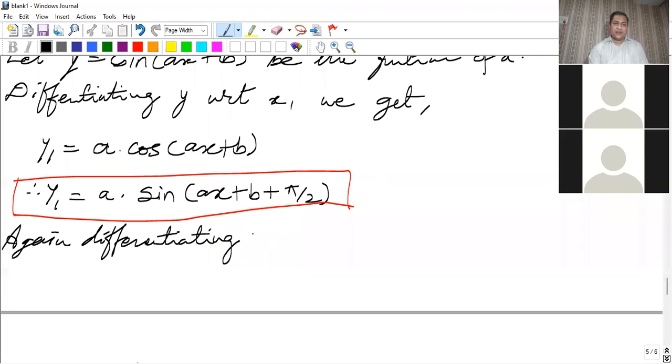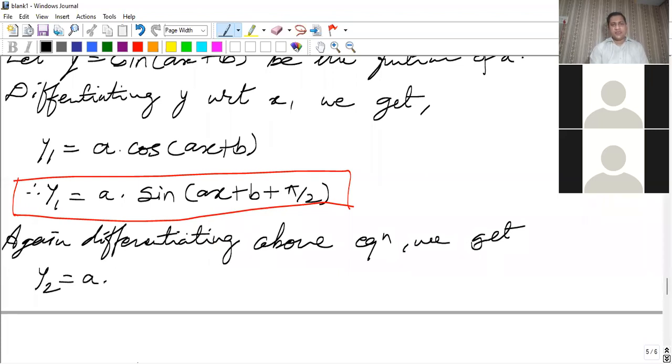So again, differentiating the above equation we get, this will be y2. This a remains as it is.